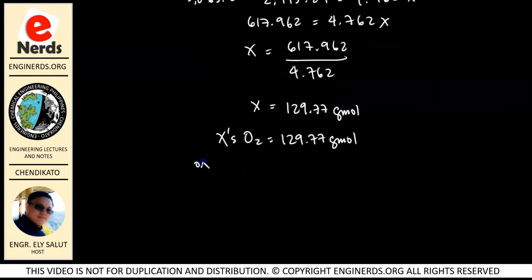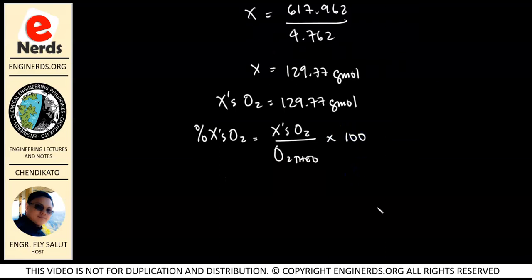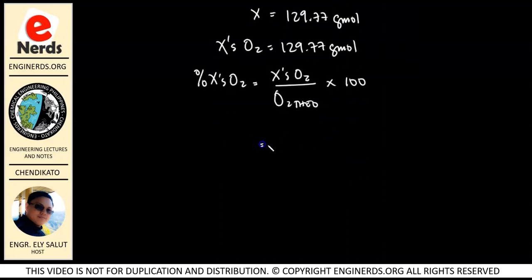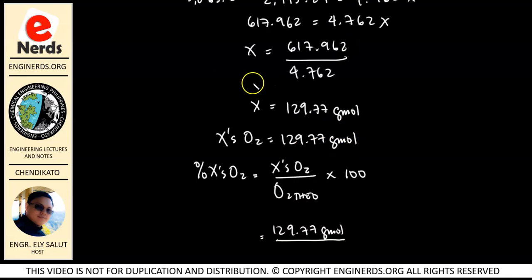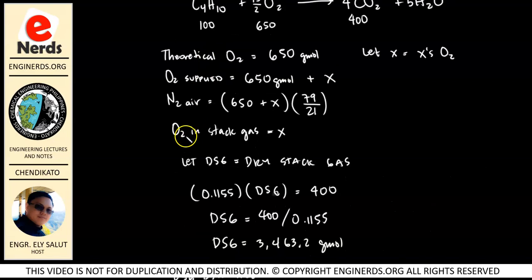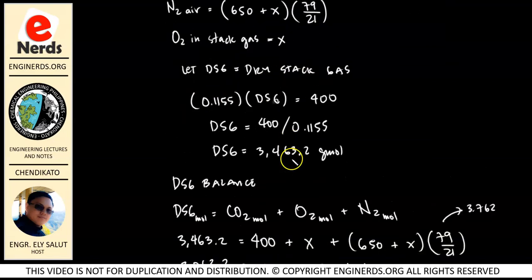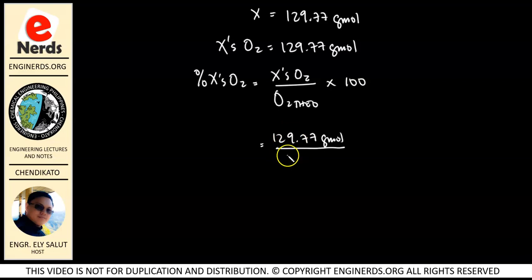So the percent excess O2 is equal to our excess O2 over our theoretical O2 times 100. Alright, so let us just substitute our values. We have our excess O2, 129.77 gram mole over our theoretical O2. What is our theoretical O2? Our theoretical O2 is 650 gram mole. Okay, so we have 650 gram mole times 100. This is cancelled.